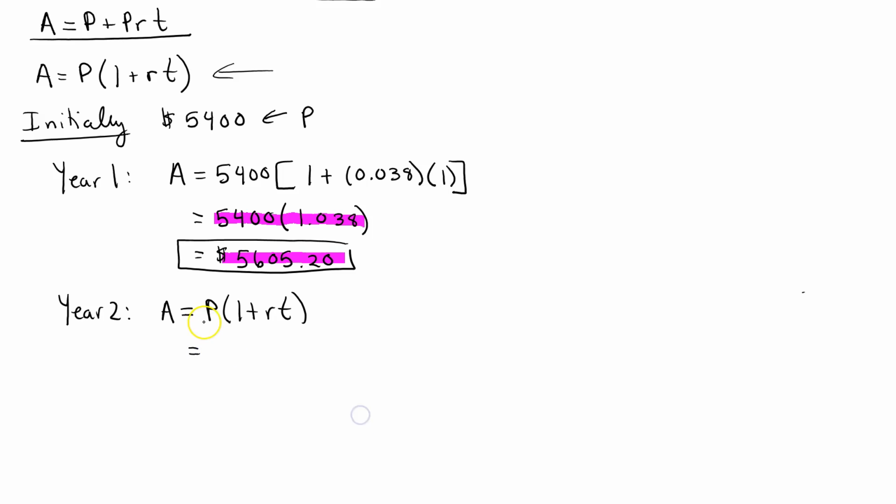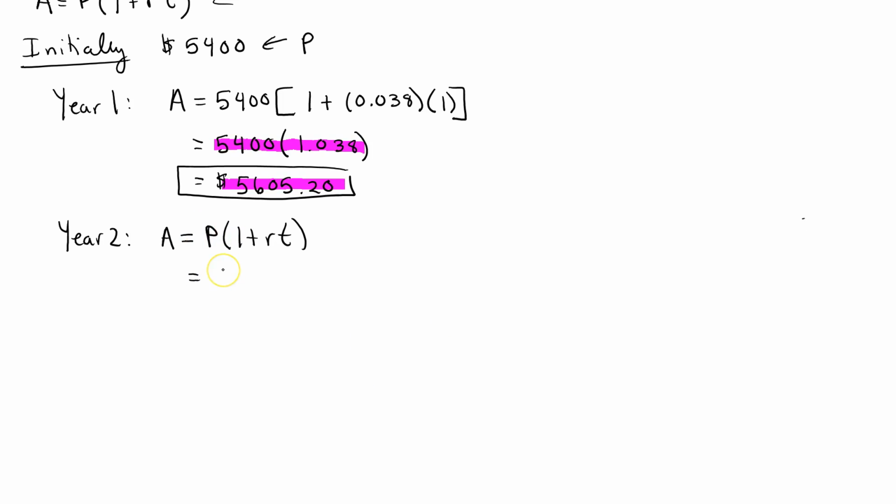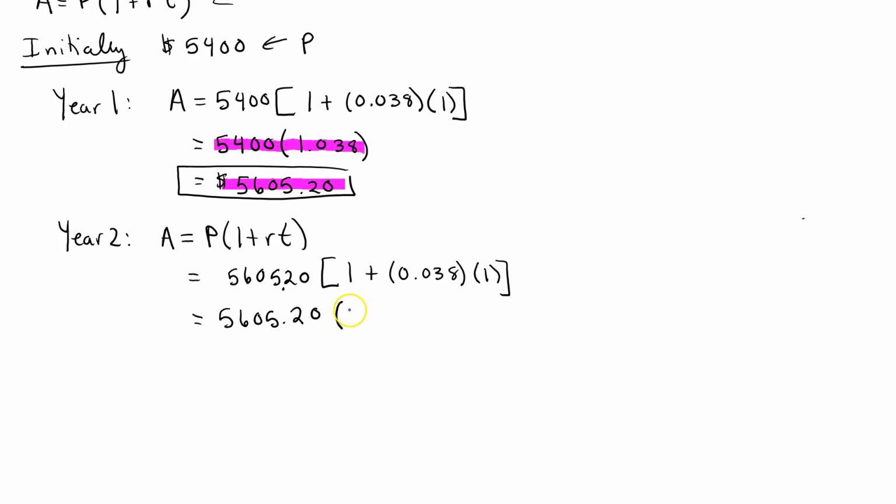Now the new principal is the amount after 1 year, so we get 5,605.20 times 1 plus, the rate doesn't change, 0.038, and we're just going to look at it for 1 more year as well, so the time is just 1. So in this we get 5,605.20 times 1.038.